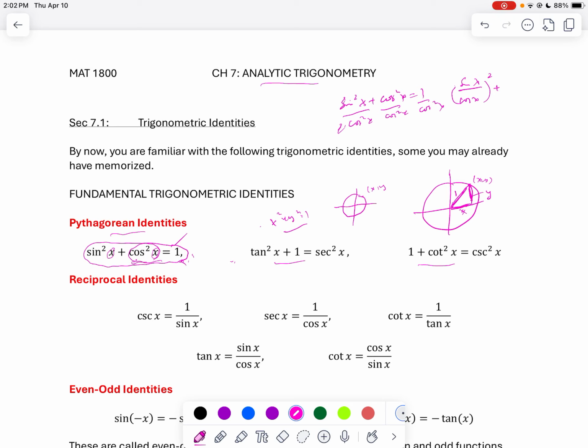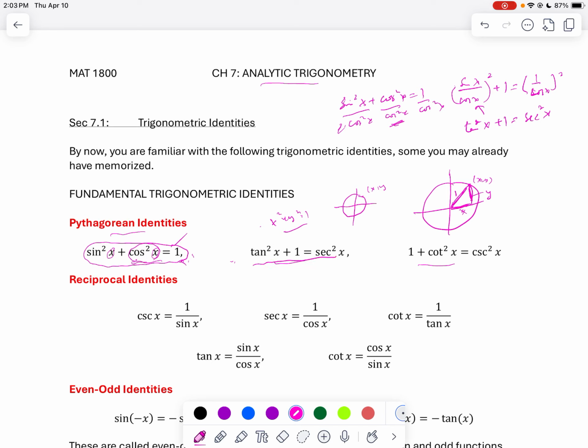The second term becomes 1, and the term on the right of the equal sign can be written as 1 over cosine x, whole squared. Now the first term is tangent x, whole squared, so we can write it as tangent squared x plus 1, and the term on the right is 1 over cosine x whole squared, but 1 over cosine x is secant x, so we get secant squared x. So we get the second Pythagorean identity.